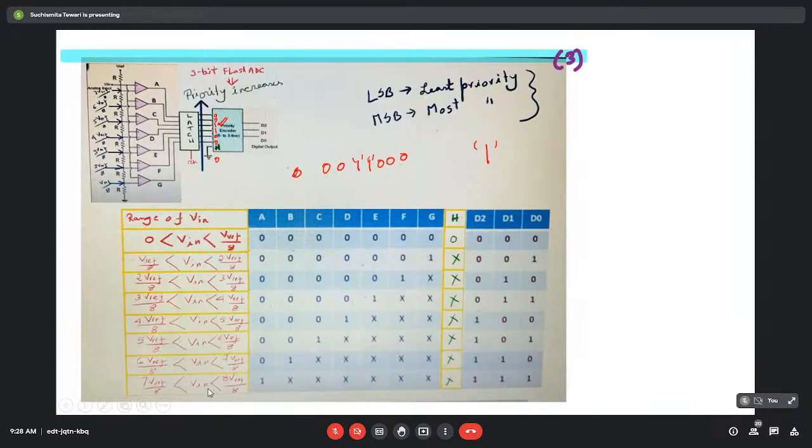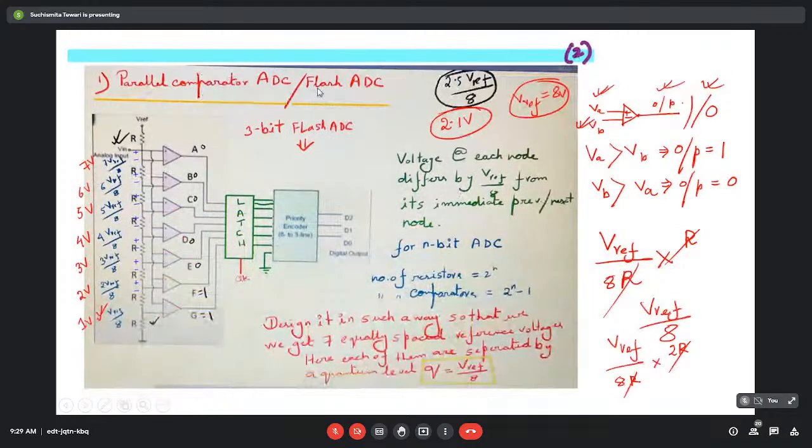So obviously this V in will automatically be greater than all these reference values also. So this is how a priority encoder works, and in this circuit it is converting the corresponding analog voltage into its digital one. So this is how the parallel comparator ADC is working.